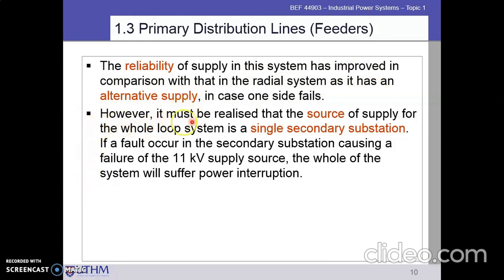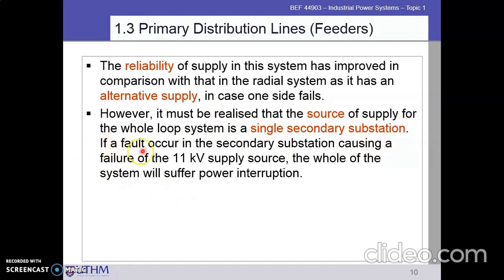However, it must be realized that the source of supply for the whole loop system is a single secondary substation. That means the supply is incoming from one single secondary substation only.